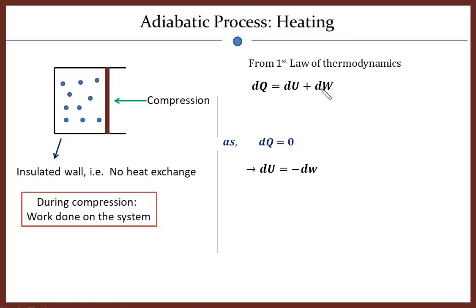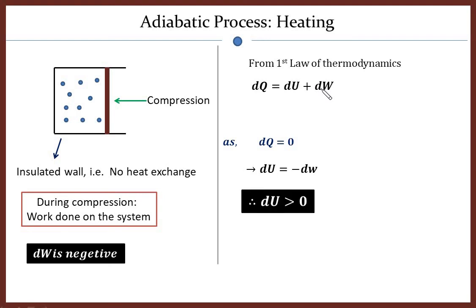Work done by the system is positive. Work done on the system is negative. So here dw is negative. As dw is negative, there is already a negative sign, which means the right hand side will be positive. Therefore, du will be greater than 0.